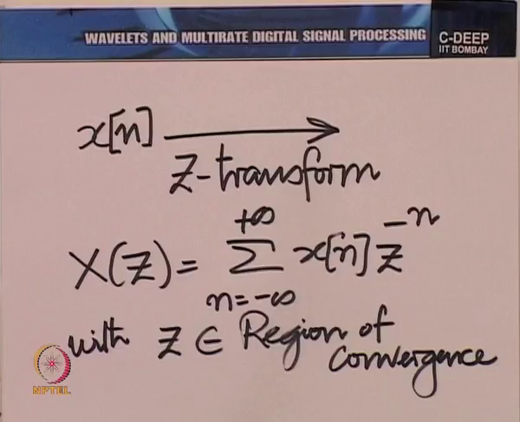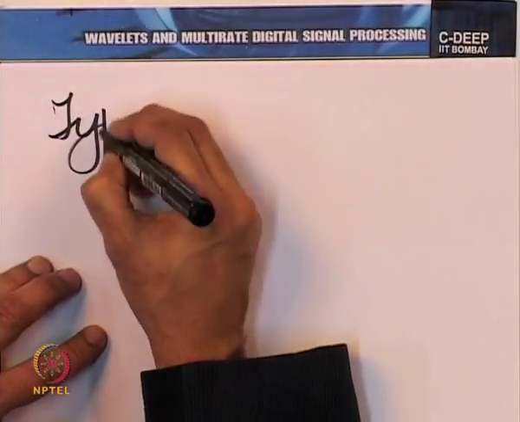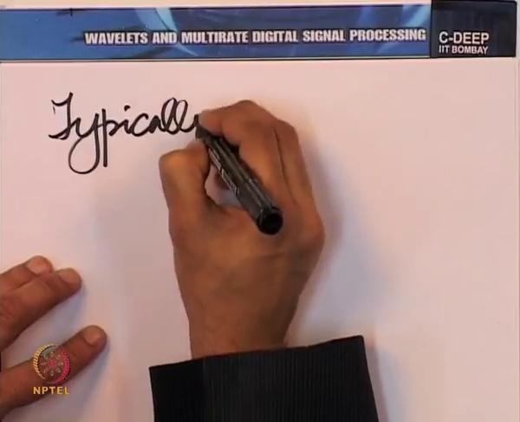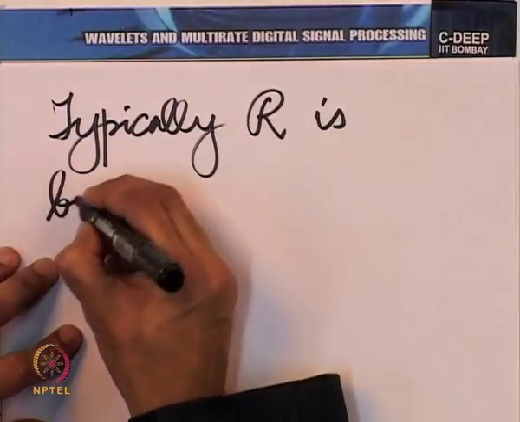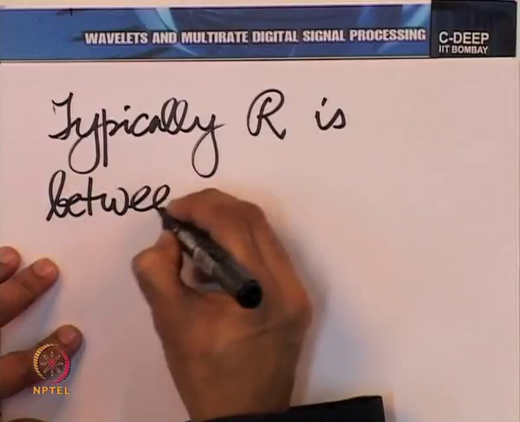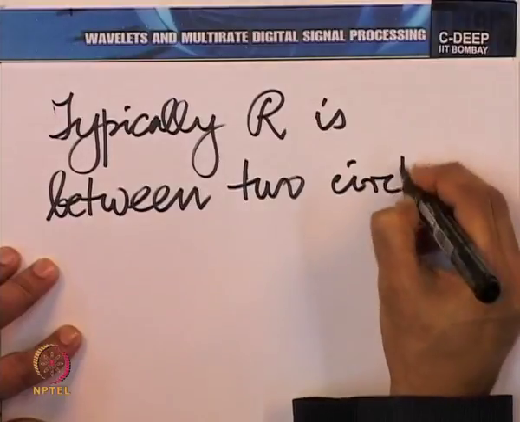In particular, if this region includes the unit circle. So, let me say a little bit about the regions of convergence of a typical Z transform. Typically, R has the following pattern. R is between two circles centered at the origin.